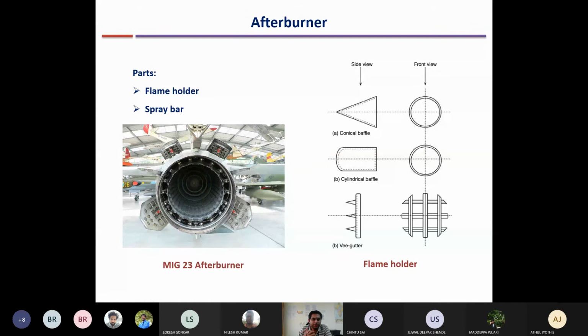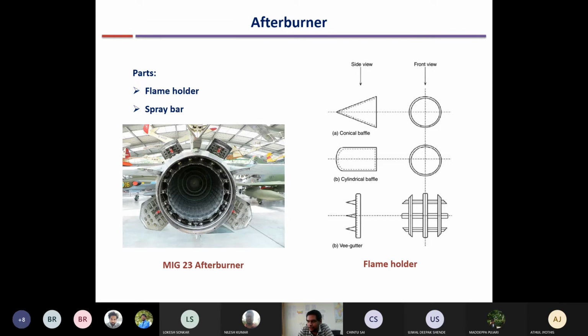So we will move on to another aspect of the combustion chamber, which is the afterburner, which is present only in some cases like military aircraft, not for passenger aircraft. Only for high-speed military aircraft, afterburners are present. And we have discussed afterburners from the point of view of thermodynamics, TS diagrams. So what is the role of afterburner? It increases the temperature of the combustion products to a very high level by additional fuel injection and additional combustion.